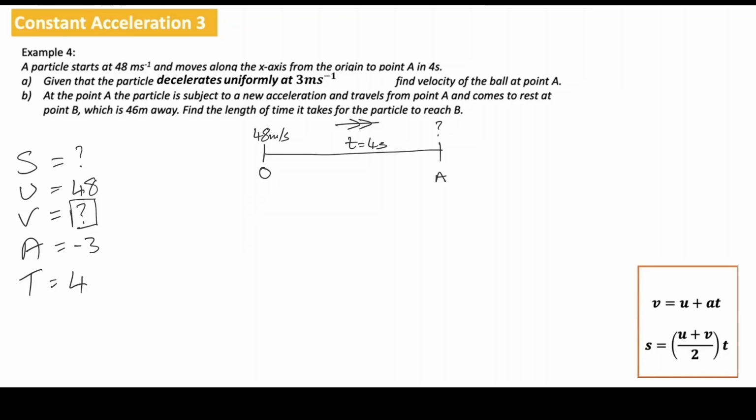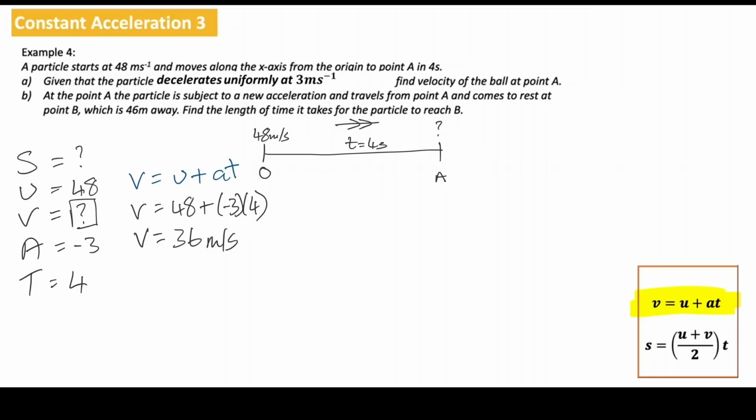Okay, we're working with U, V, A, and T. You're getting used to this now. Which formula? It's V equals U plus AT. Quote the formula, substitute the values, rearrange, and we're trying to evaluate for V. Okay, so no rearranging needed. V equals 36 meters per second. That's the velocity when it gets to point A.